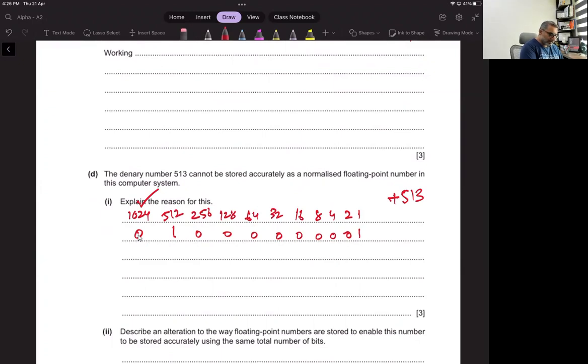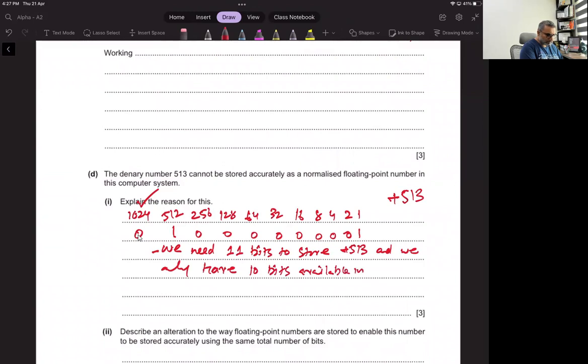So explain, we need 11 bits to store positive 513, and we only have 10 bits available in the mantissa.